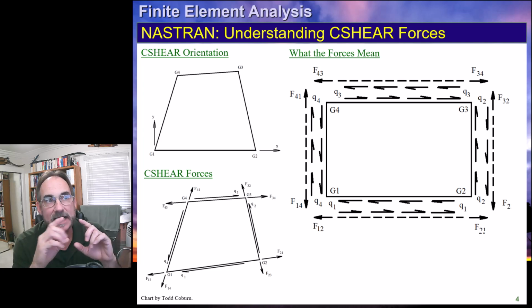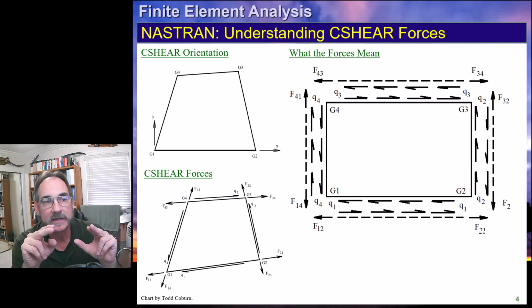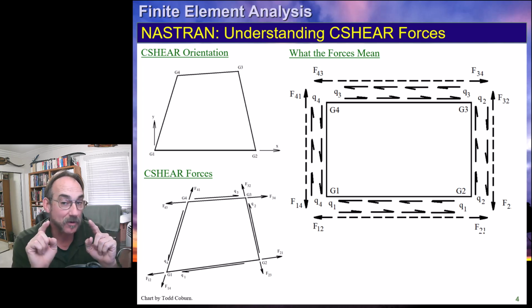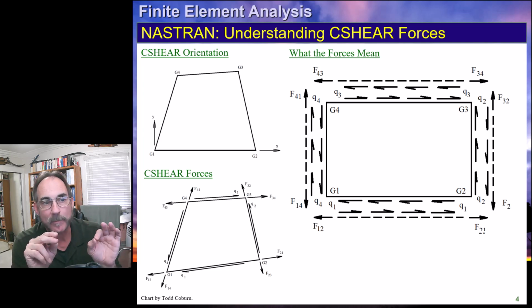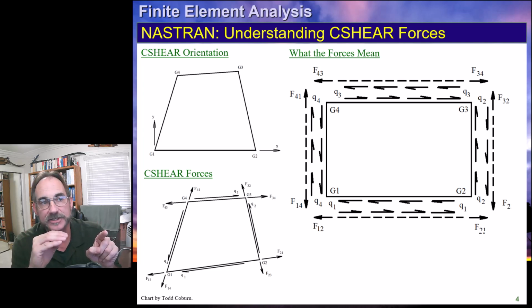Next, you have to recognize there are 4 imaginary rods surrounding this element. No matter whether or not your model has rods or bars or some other element along the panel, anytime you use a CSHEAR element, you're going to get 4 imaginary rods surrounding the panel. Each and every CSHEAR panel.